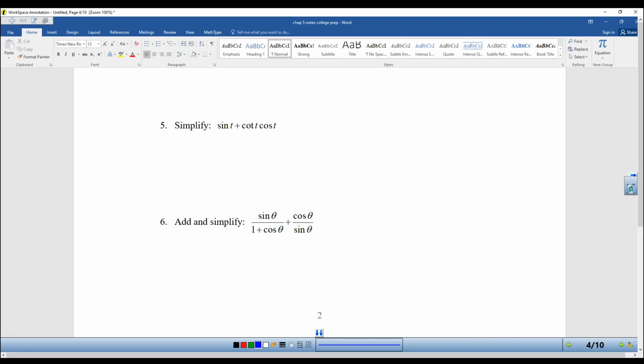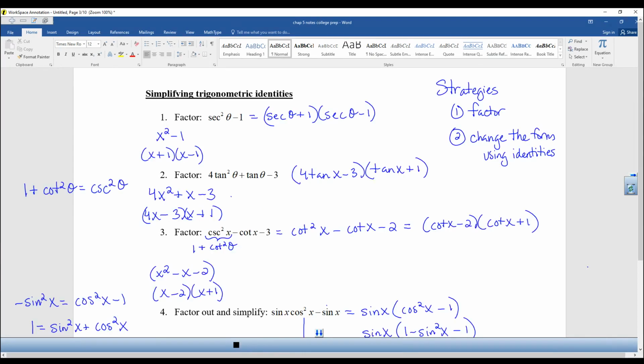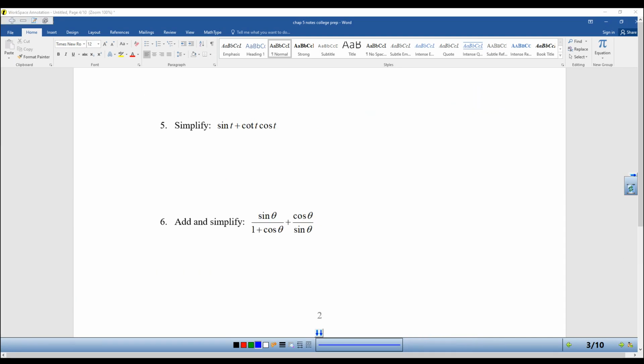Number 5. So this is actually going to bring us to another strategy, strategy number 3, which is to change everything to sines and cosines. So when I get something that I just look at and I don't even know where to start, I can't factor out.